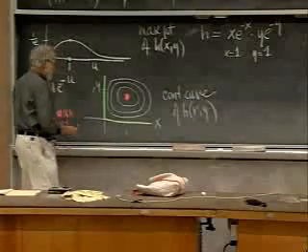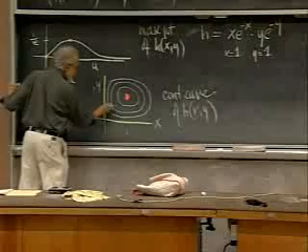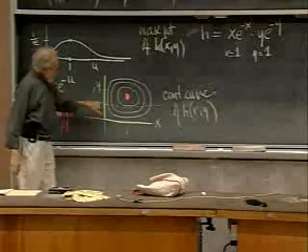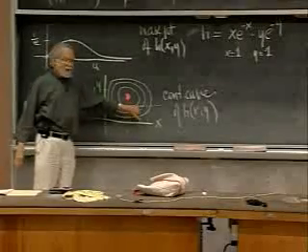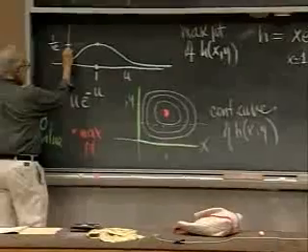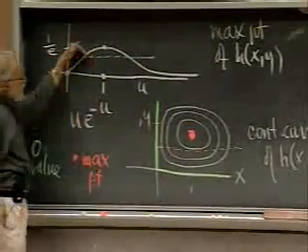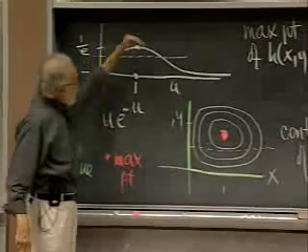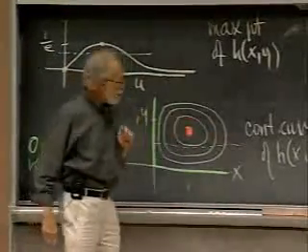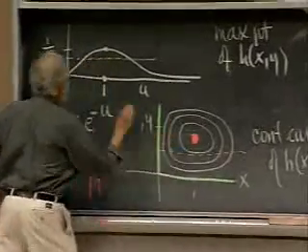But all right, that's not a good argument. But notice that along each horizontal line here, I want to know how many times it can intersect the contour curve. That's the same as asking along one of these lines how many times it can intersect. See, this is a graph of the function along this horizontal line. How many times can it intersect one of the contour curves?